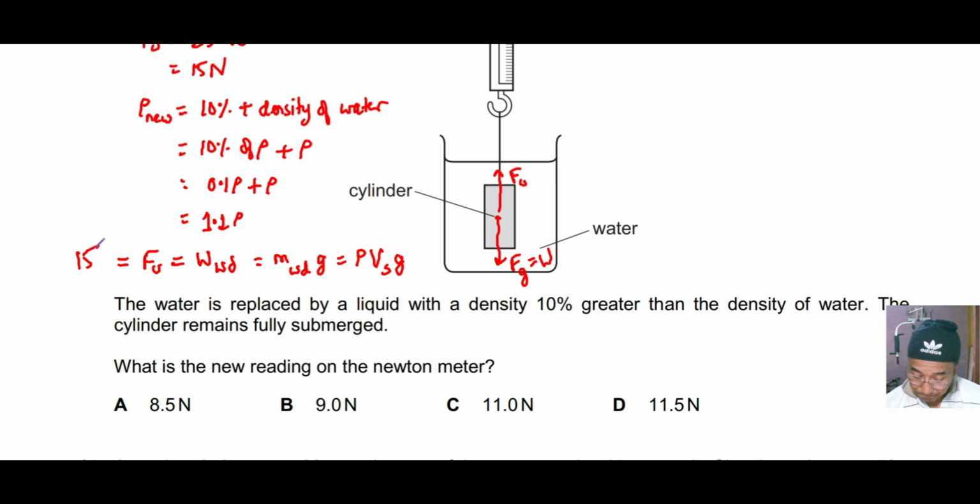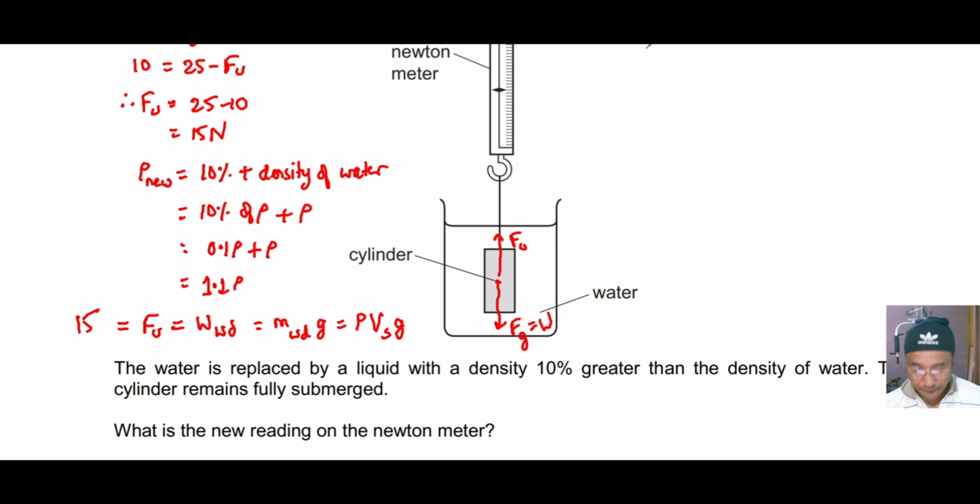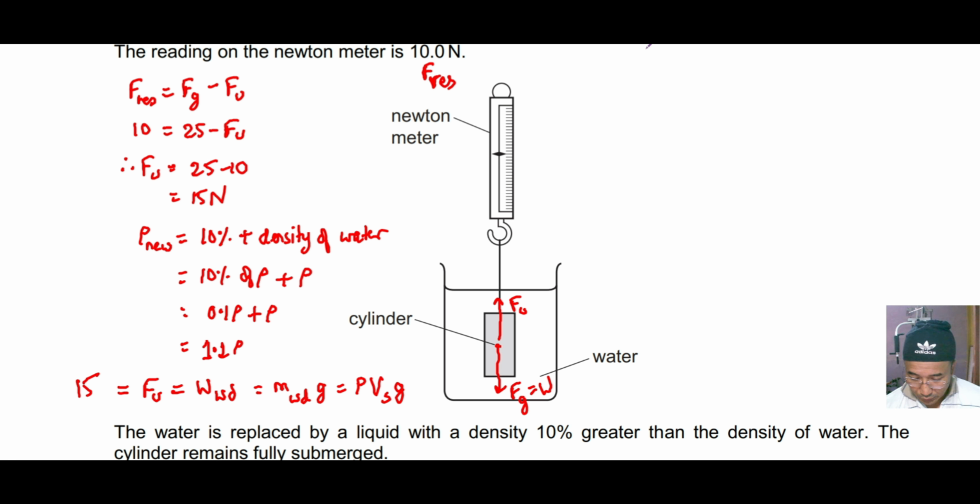Now the final upthrust, so let me use the symbol here. The force of upthrust nu is equal to rho nu, rho of that new liquid, then volume of that thing, which is the same, volume of that solid stuff is the same, and into g, and that's equal to 1.1 rho Vs g.